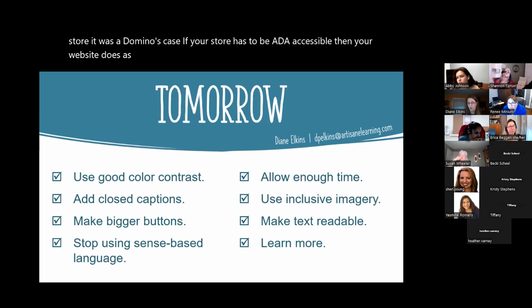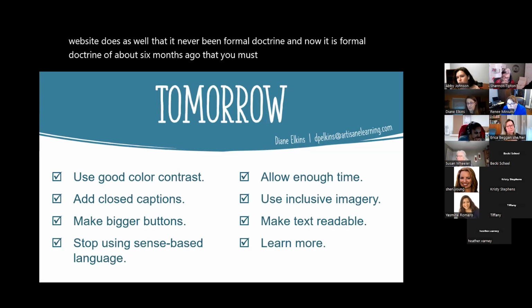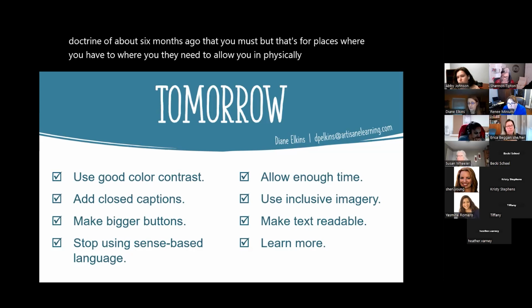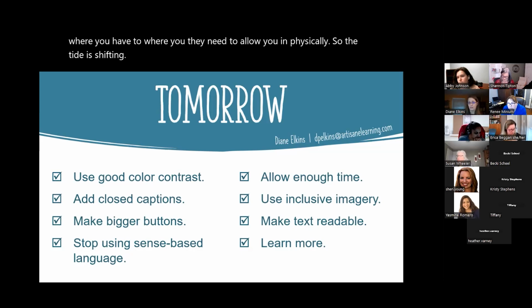That had never been formal doctrine, and now it is as of about 6 months ago. But that's for places where they need to allow you in physically. So the tide is shifting, and it's going to happen.